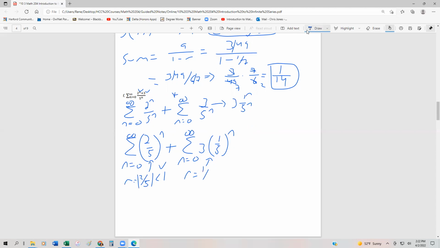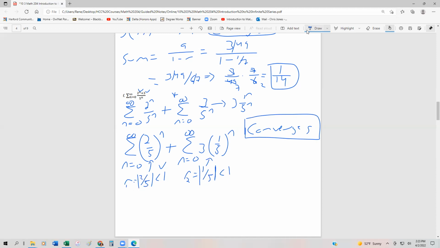So because they both have an absolute value of R less than 1, their sum is convergent as well. So it converges.